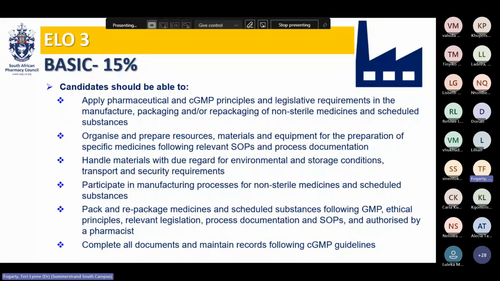And then again, documentation and records.